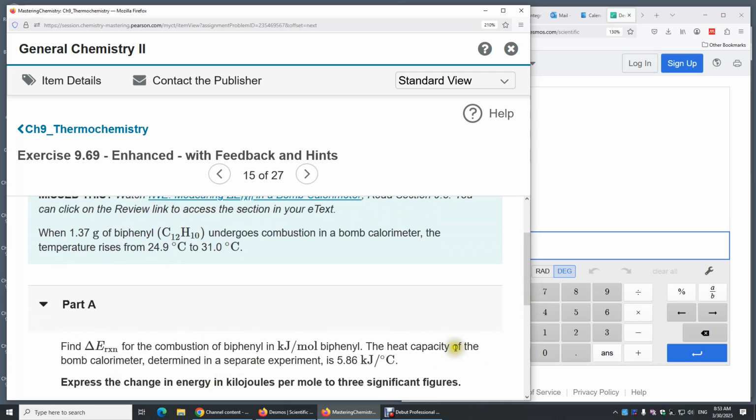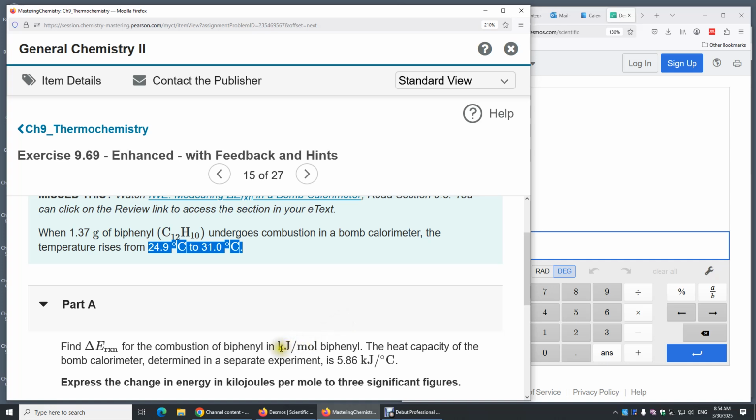Now we have the heat capacity of the bomb calorimeter, 5.86 kilojoule per degree Celsius. This means to increase the temperature by 1 degree Celsius, we need this much heat, 5.86. Over here we have the actual temperature change, 31 minus 24.9, and then multiplying gives the amount of heat in kilojoule.